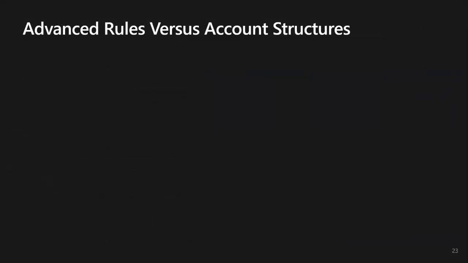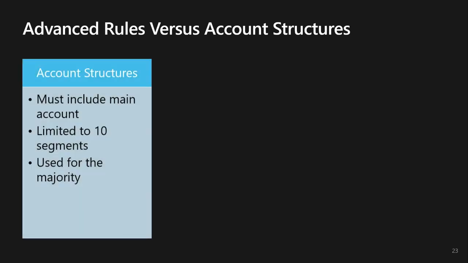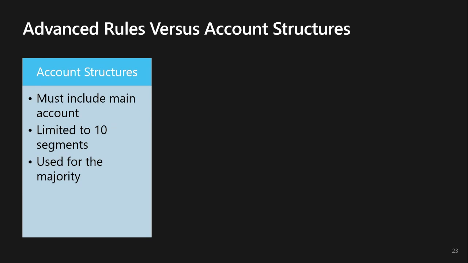So I want to talk a little bit about differences that you'll find between advanced rules and account structures. When you set up an advanced rule, you may notice that the screens are very similar and the behavior is very similar. Starting first with account structures, your account structure must include the main account, while the main account is actually optional in an advanced rule.